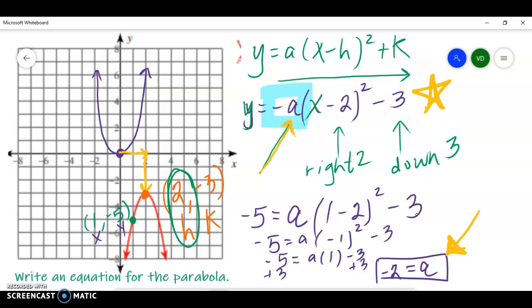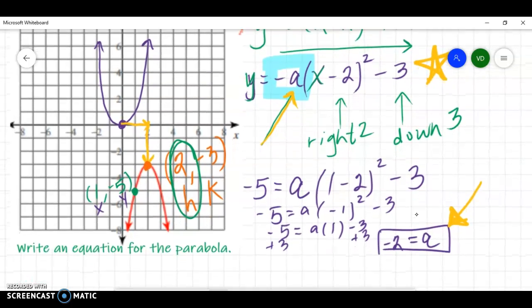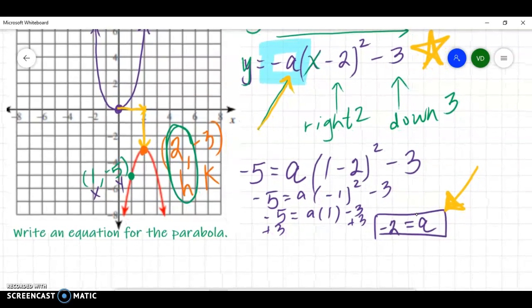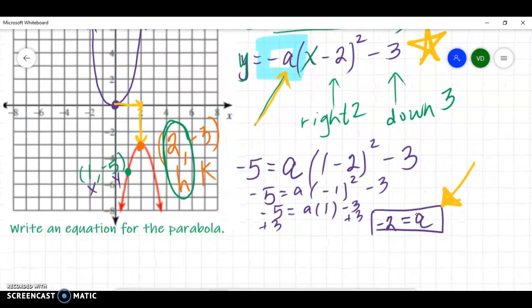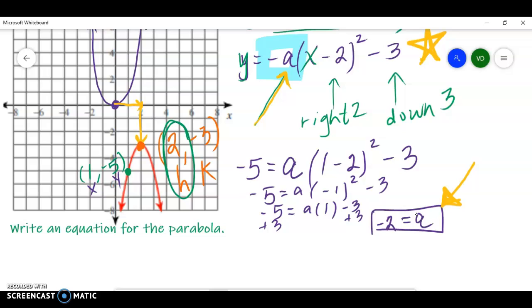Okay, so I'm going to move it up a little bit. Hopefully I don't mess up too much. And we're going to write the final equation for that parabola using my A value now. So the final equation is y equals, I knew it had to be negative, now I know what the actual A value is. Negative 2.